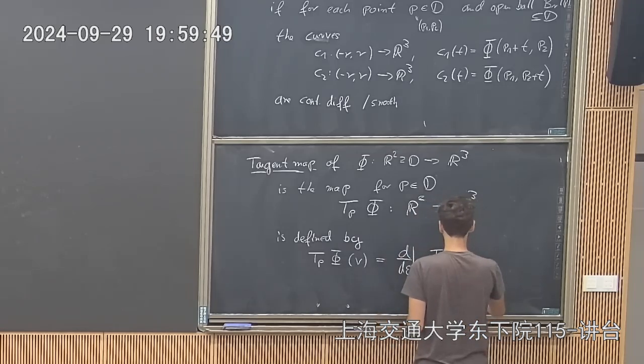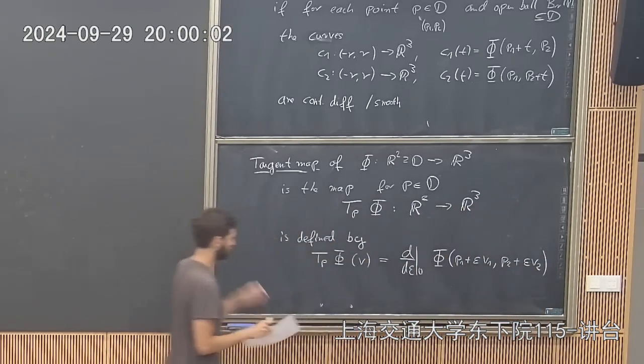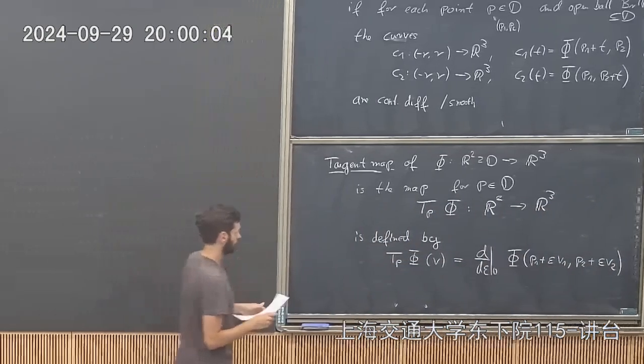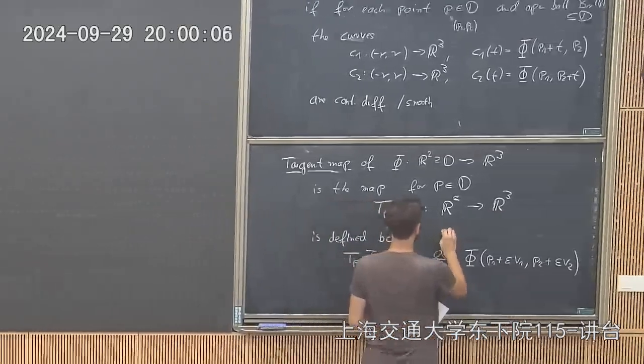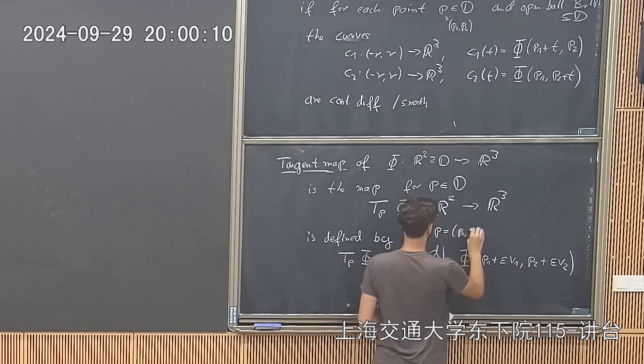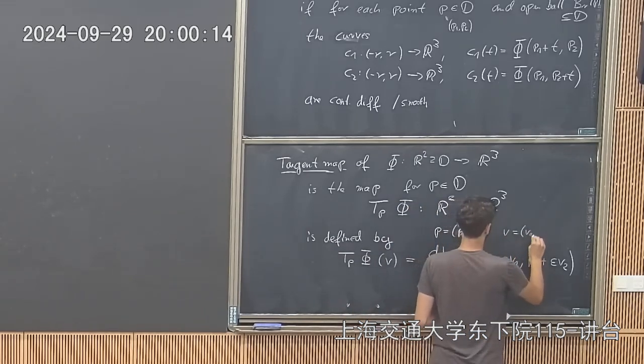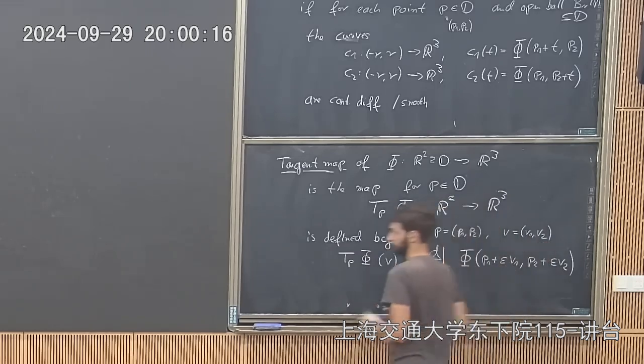We now have p1 plus epsilon v1 and p2 plus epsilon v2. Here we have p equals p1 and p2, and v equals v1 and v2.